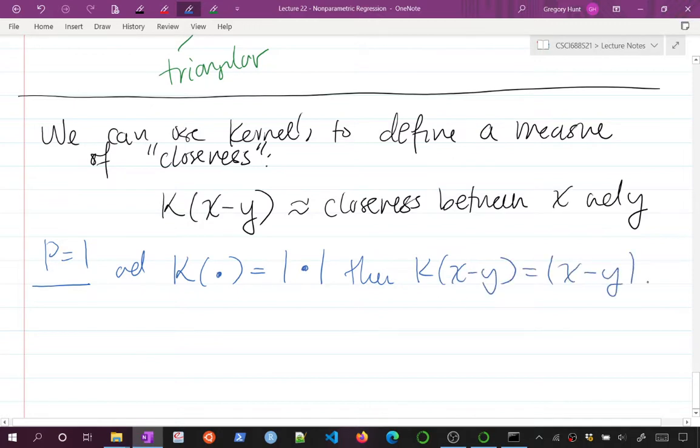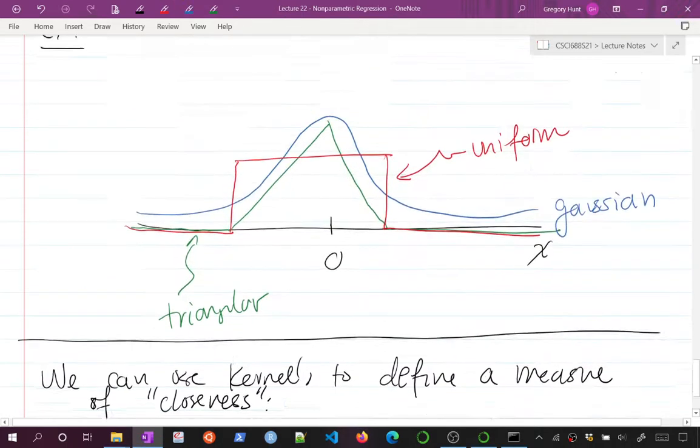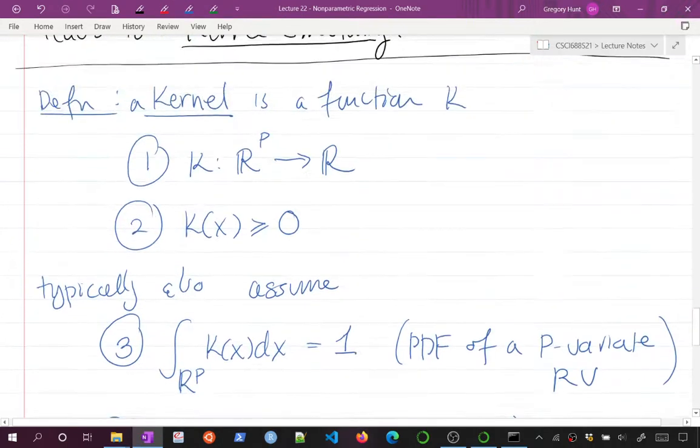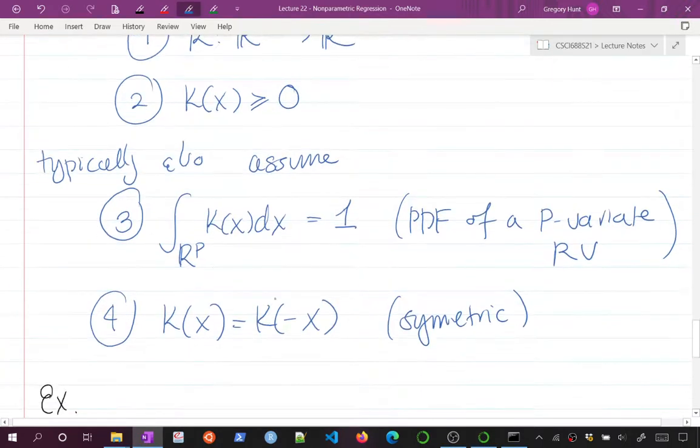Now, in this case, absolute value will satisfy these first two definitions. It's definitely positive, but it doesn't actually satisfy these last two definitions because that thing's not going to have a finite integral. It is symmetric, so that's good, but that won't have a finite integral. So we're probably not going to want to use that.